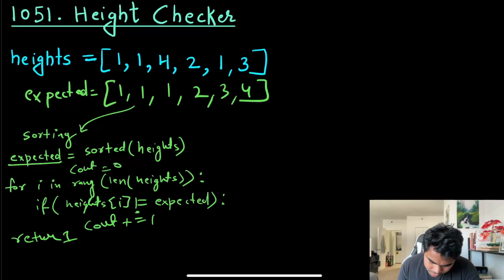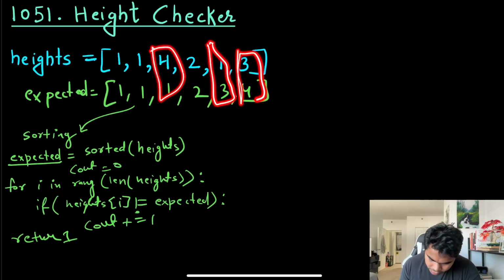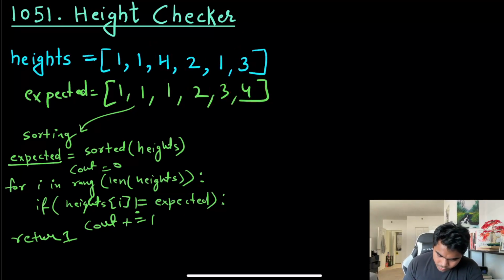Now tell me, what are the values that are different here? Well, these are okay, but this is different. This student is not standing in the right order, and then this is different, and this is different. So the answer would be 3.